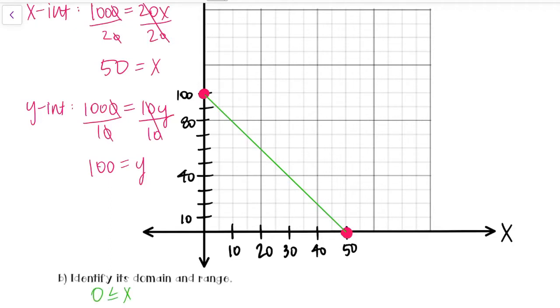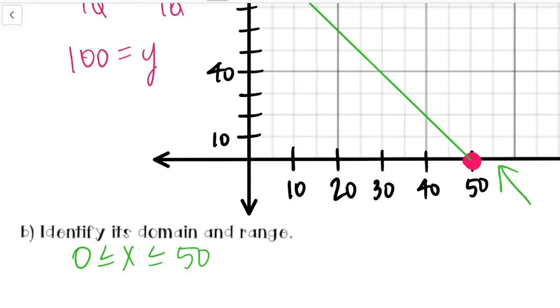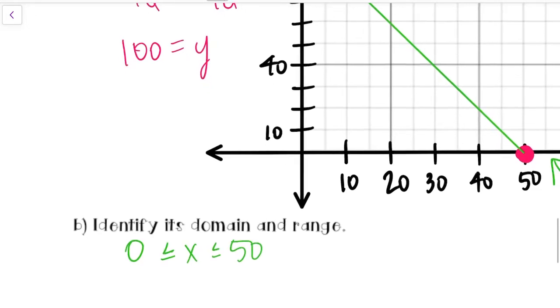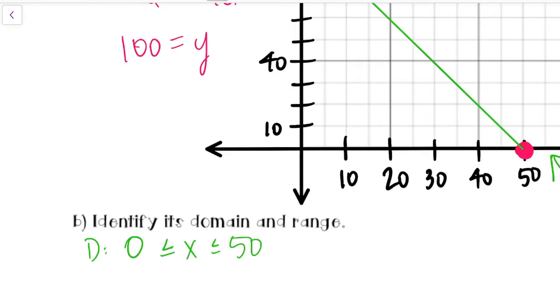But the largest it's going to be, well, the biggest x we used was at that intercept. So that intercept was 50. So that's the biggest we can use. Remember, we can also start with our numbers, right? So we want to go from 0 to 50. We put our variable in between. And when it's a double restricted domain or range, it's always less than or equal to, less than or equal to. And that's for our domain.